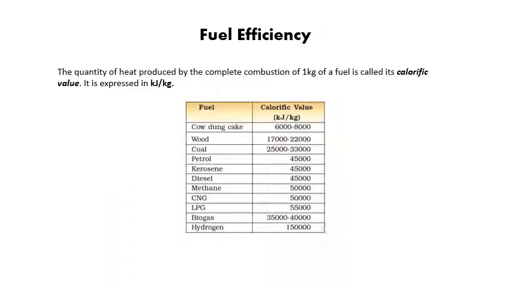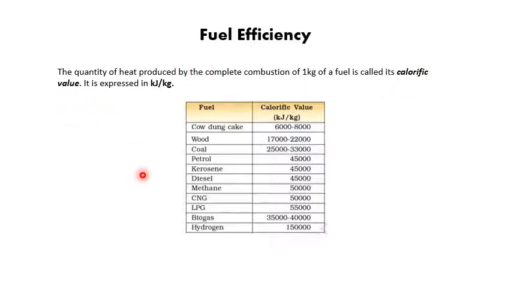Now, so far we have discussed about the characteristics of a good fuel. We know about the fuel, the different types of fuel, and the characteristics of a good fuel. Now let us talk about what is fuel efficiency. You know, children, different fuels, they produce different amount of heat on burning, and the quantity of heat that is produced by the complete combustion of 1 kilogram of a fuel is called its calorific value.